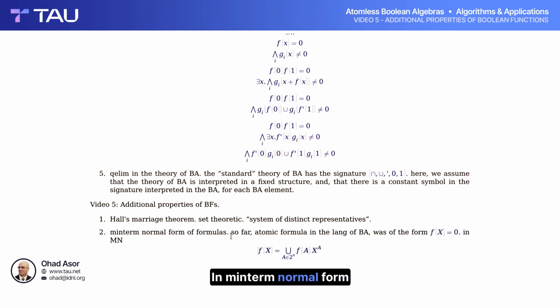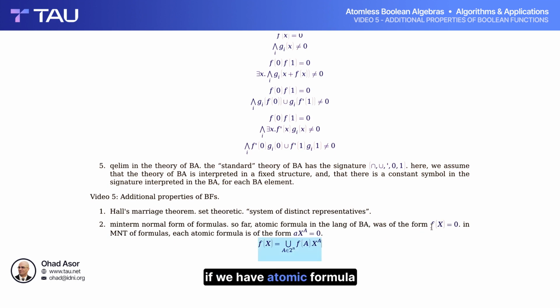In minterm normal form of formulas, each atomic formula is of the form some coefficient times some minterm equals 0. To see how to go back and forth, so if we have atomic formula of this form, fx equals 0, so we can write f as minterm in minterm normal form.